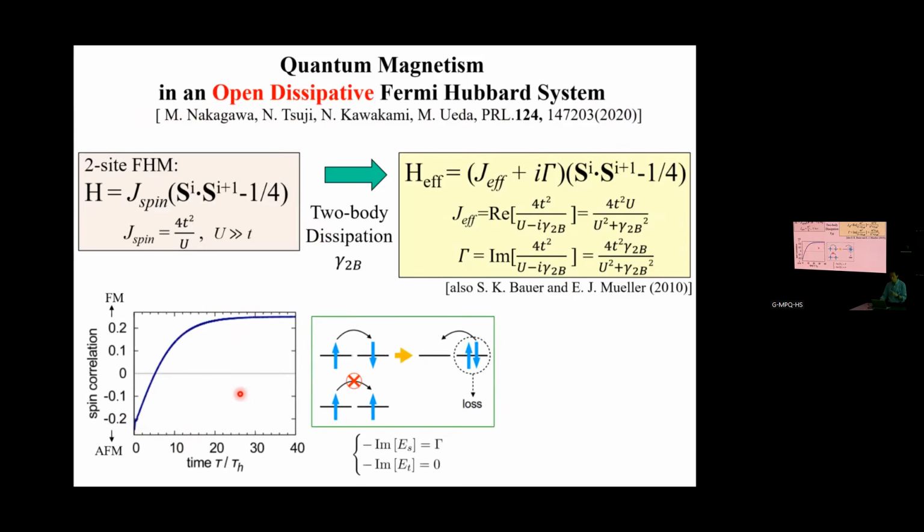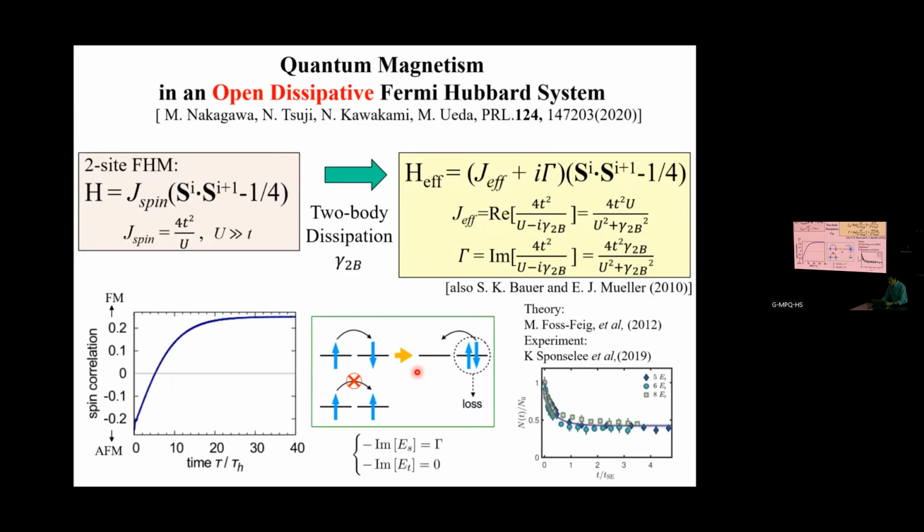Due to the two-body dissipation, and this can be interpreted as the selective removal of the spin singlet state.